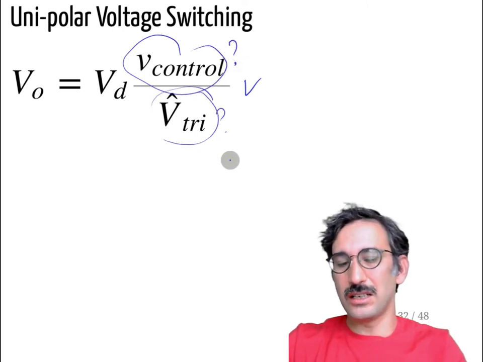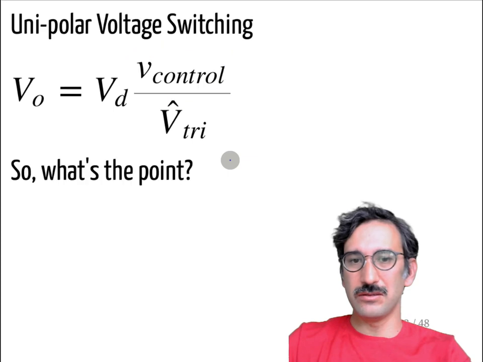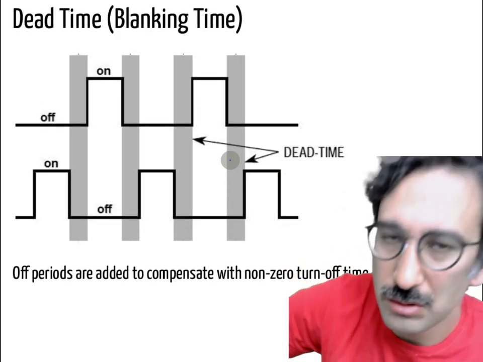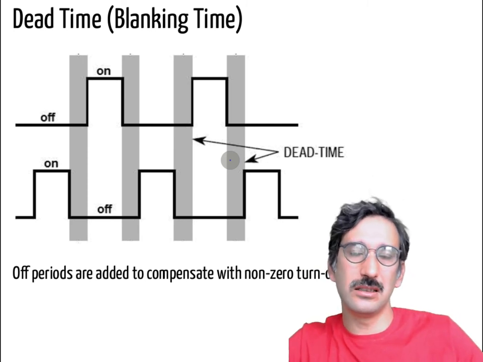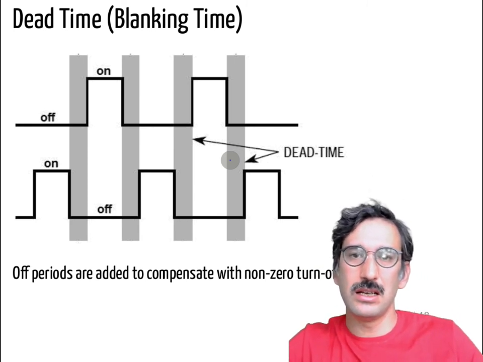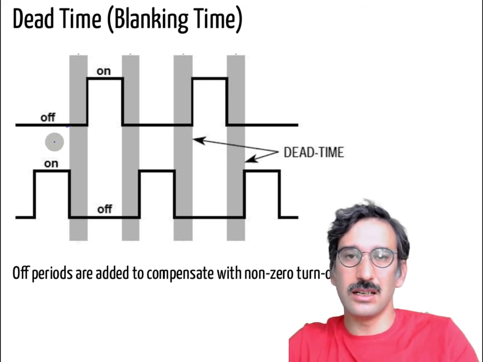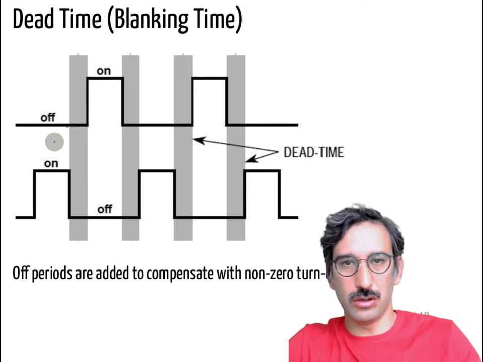What is that triangular waveform that we generate? But before that, there's also one thing we may have mentioned in some lectures on voltage source inverters. The transistors are not ideal and it takes some time for them to turn off and turn on.